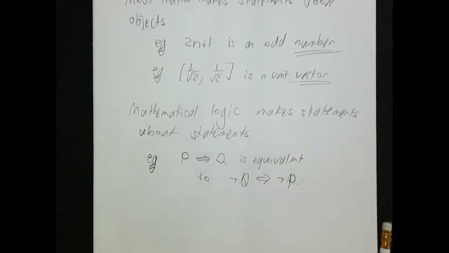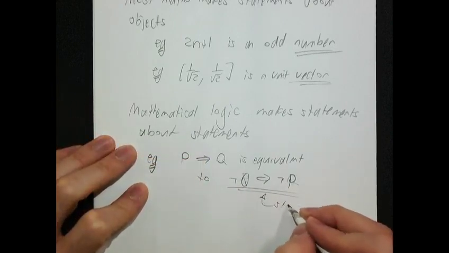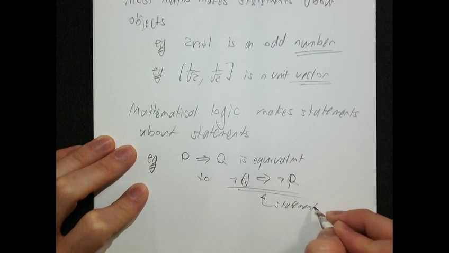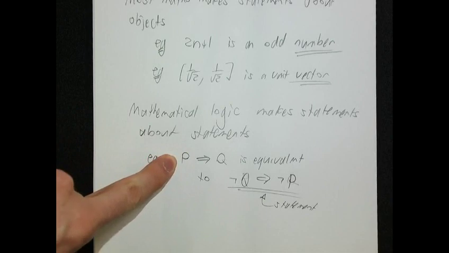So that is a statement about statements. P implies Q is equivalent to not Q implies not P. And so this here is a statement, and this here is a statement. And even the P itself is usually a statement too. It's what they call a proposition.